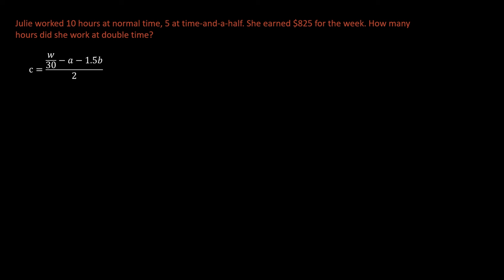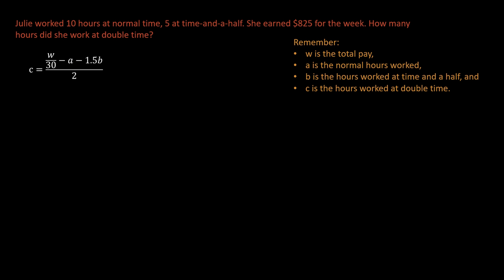So we're going to write that equation we just found, and then we just need to substitute in. So here's a little dot point list of what each pronumeral represents. And the information that we have is that her total pay was $825. The normal hours worked were 10, and the hours worked at time and a half were 5. So we just need to substitute in those known values to the right.